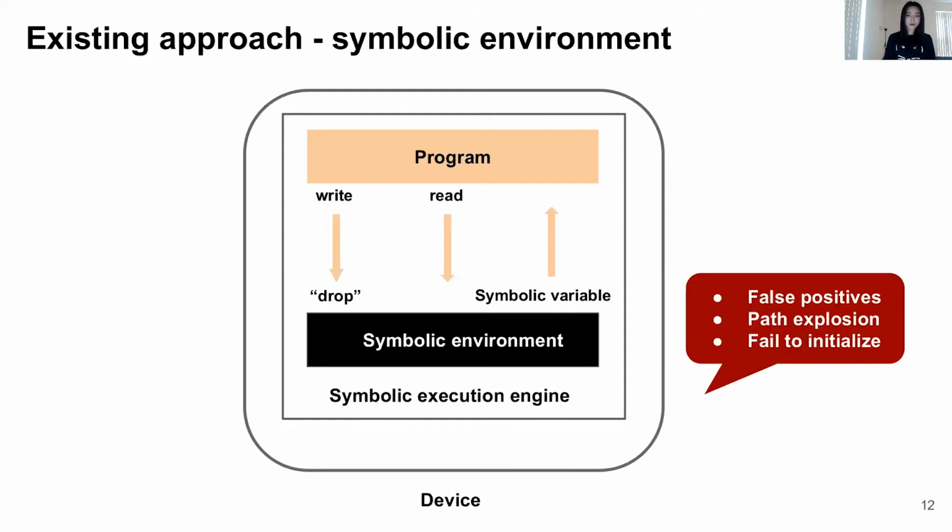But it has three problems. Since it is using a symbolic environment, it has no knowledge of how the environment should interact with the program correctly. So it is inevitable, it causes false positives and has path explosion problem. In our experiment to analyze an Android OS service, it couldn't lead us to fully initialize the service.